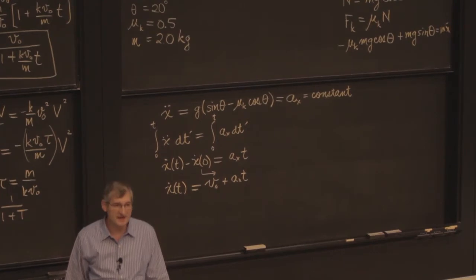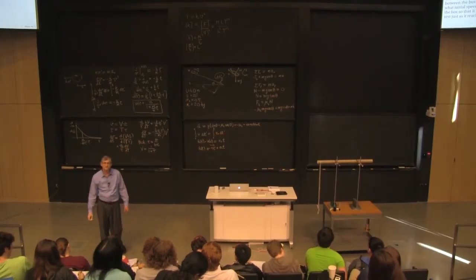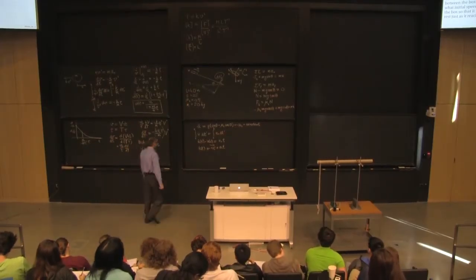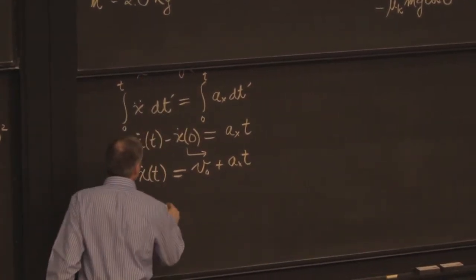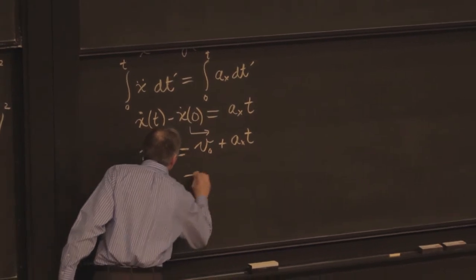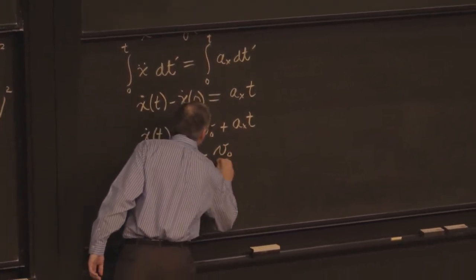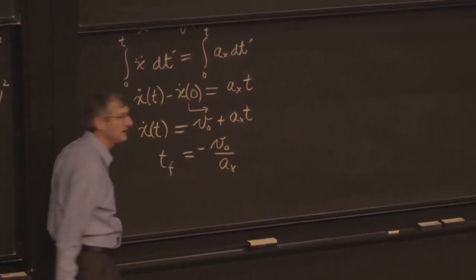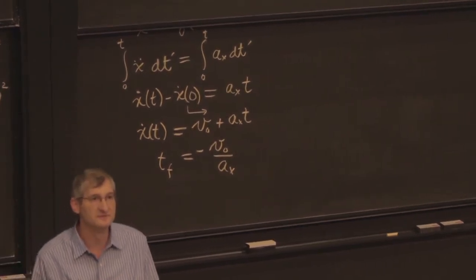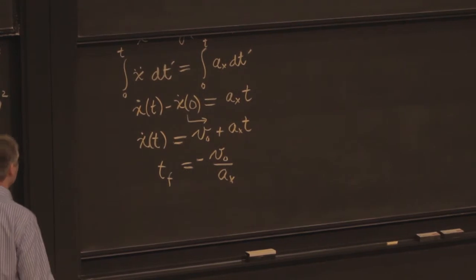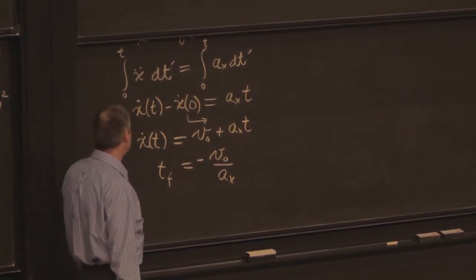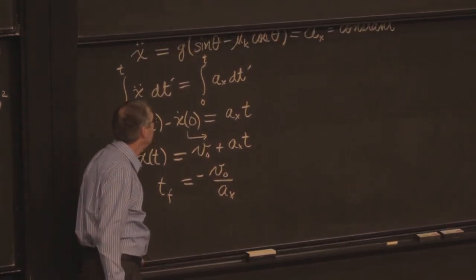So when will it come to rest? So what is t final? So t final must be minus v naught over a sub x. Are we now nervous because the time is negative? Because the acceleration is negative, so time is positive. That's good. That would allow us to solve for t final, which we will need in a moment.